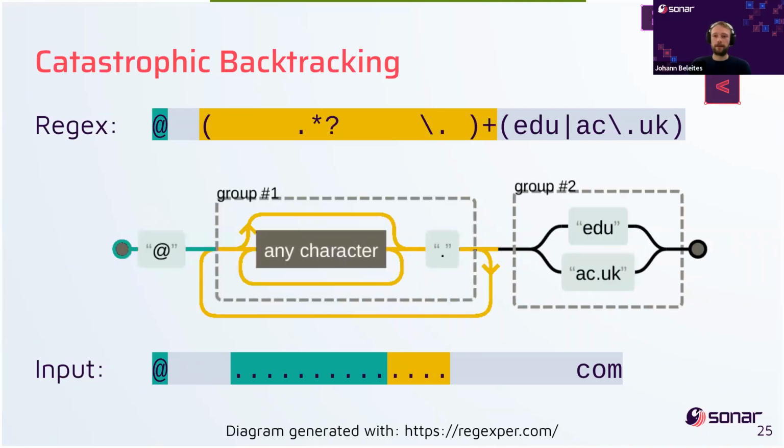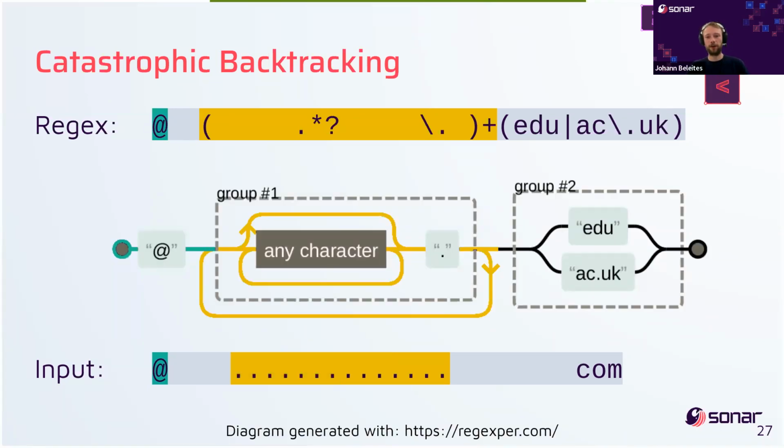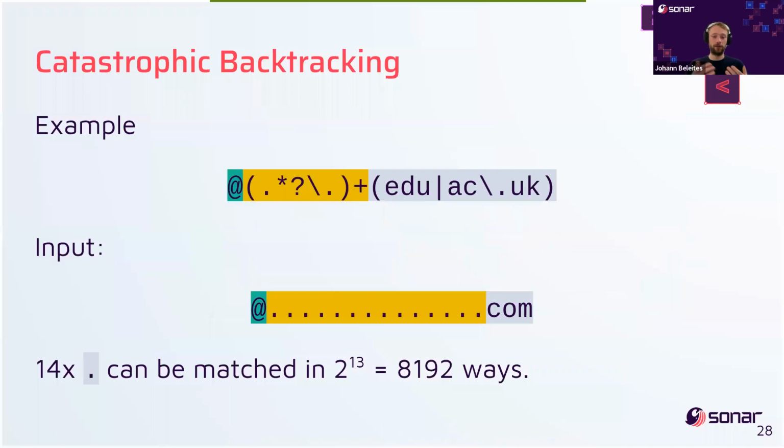Still, the E and the A won't match the C, of course, so we backtrack once more. We have four dots. Four dots can be matched in a total of, well, 2 times 2 times 2, so 8 different ways. And you can already see where this is going. To match the entire 14 dot sequence, the engine actually has a huge number of possibilities, choosing for each individual dot whether to match it with a dot literal or with a wildcard.